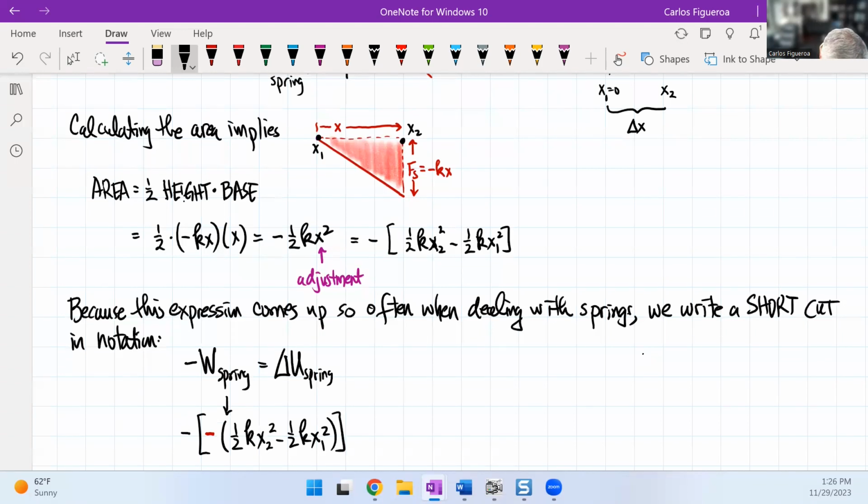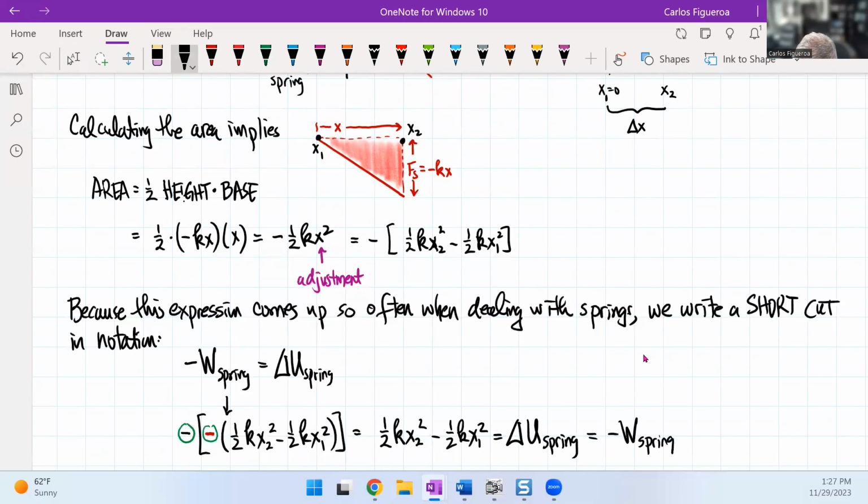And you can see here that this one and that one cancel out. Therefore, we could then write that 1/2 kx2 squared minus 1/2 kx1 squared is equal to the change in the spring potential energy, which is also equal to the negative of the spring work.